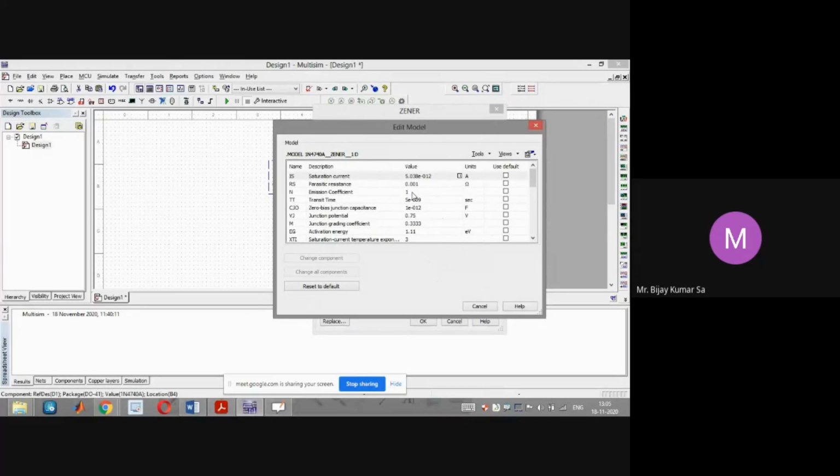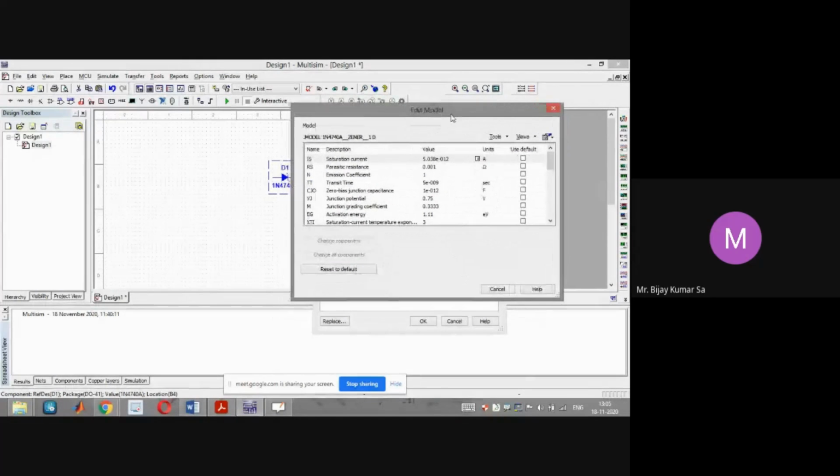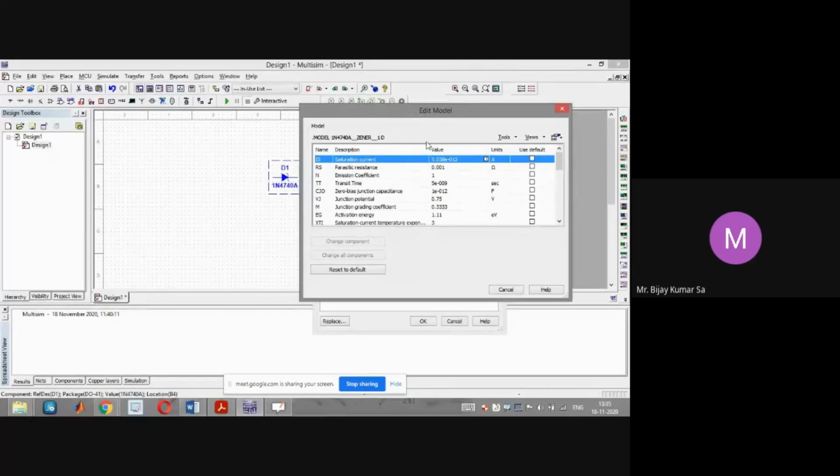Here the specification is provided, the specification of this particular zener diode. This is the saturation current, the reverse saturation current, the parasitic resistance, and lots of other parameters. The values of different parameters are given in this table.